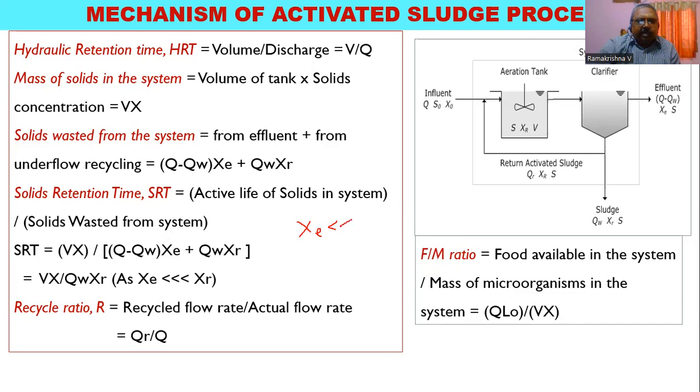Xr. For example, the normal values: the Xe value will be around 20 to 30 milligrams per liter, whereas the Xr concentration will be in the range of 10 to 12,000 milligrams per liter.